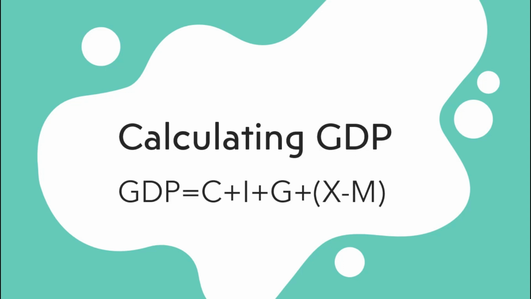Okay ha, i-remember kung unsa ang formula na gamiton. We have C plus I plus G plus open and close parenthesis na X minus M. Tandaan ninyo na or you can also screenshot or take down note for this formula.